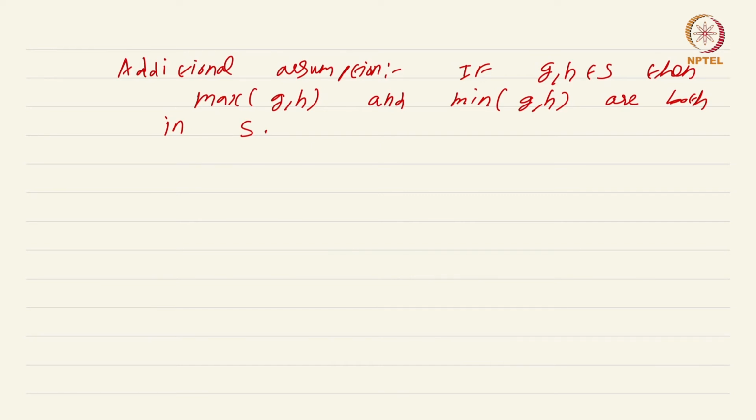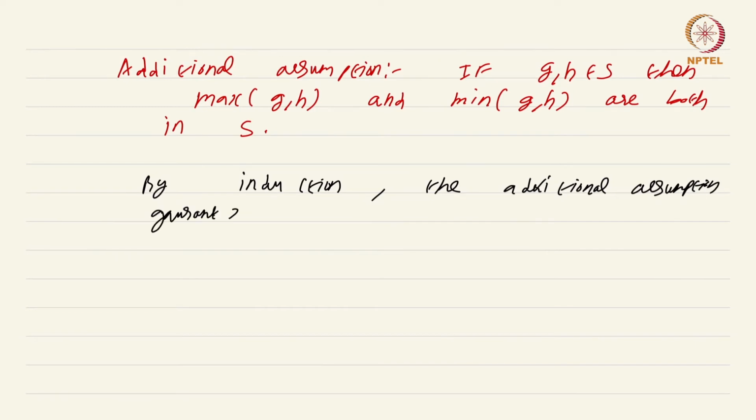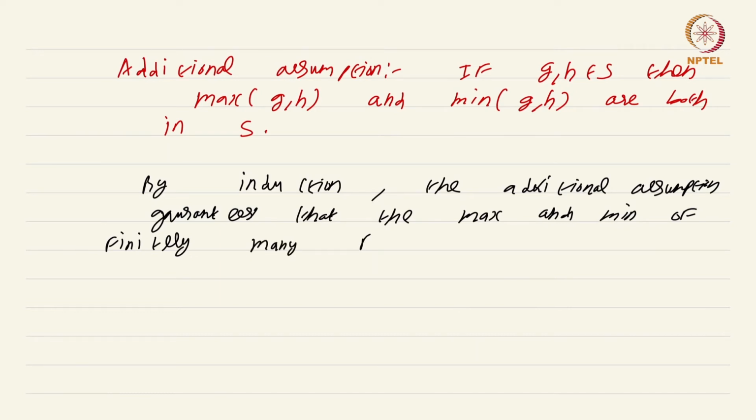Okay, so I will just briefly say that by induction, the additional assumption guarantees that the max and min of finitely many functions in S is also in S. So you can show that the maximum and minimum of finitely many continuous functions is continuous.